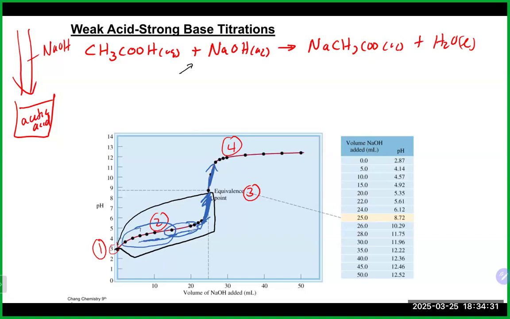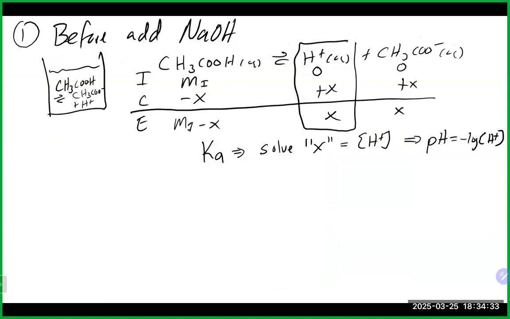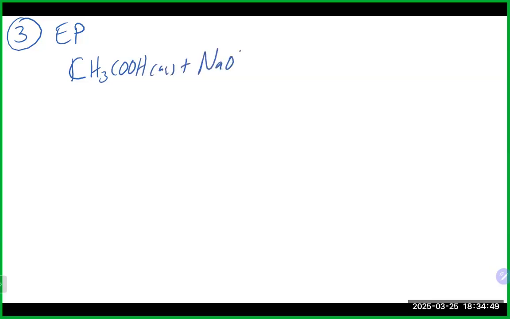When you reach the equivalence point in this type of titration, let's see what happens. So if we get to the equivalence point here, we still have a reaction. Let's do that. Our acetic acid, our sodium hydroxide, our sodium acetate, and our water here.